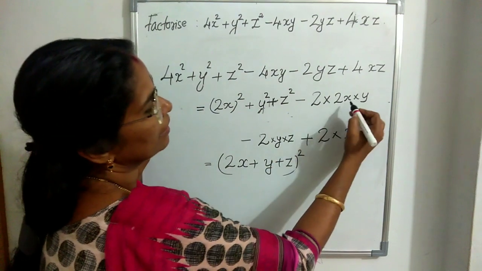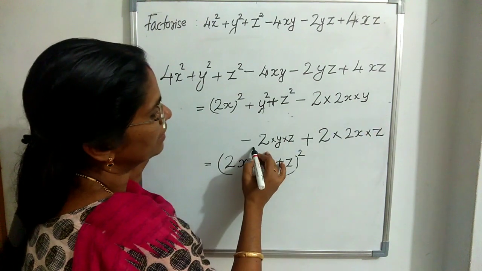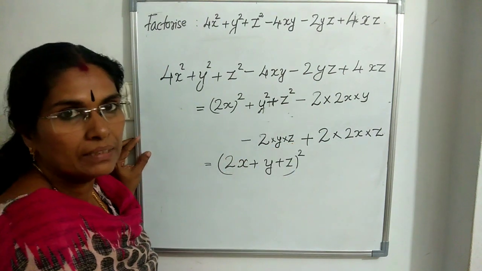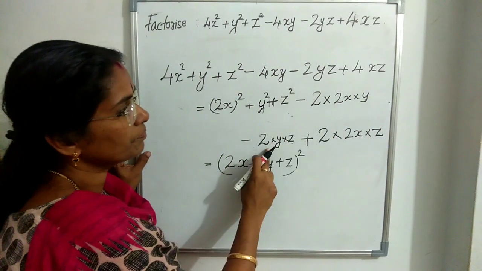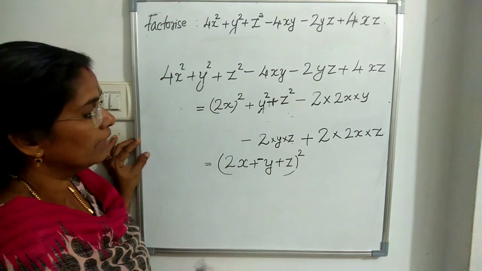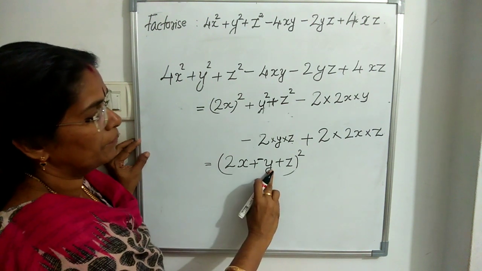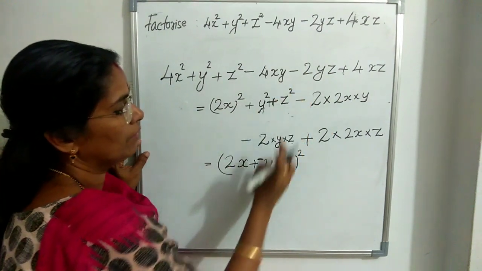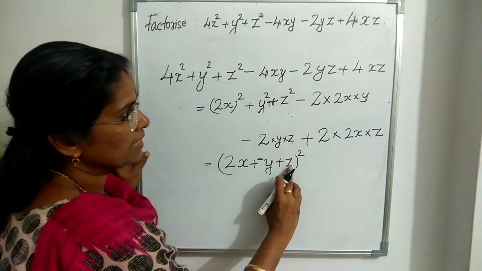Look here: minus 4xy and here minus 2yz. Which variable is common there? That variable should be negative. Which variable is common there? Y. So this term is the negative term. Now we can check it. 2x into y: this minus 2x into minus y is minus 2xy. Its double is minus 4xy. Now multiply these two, you will get minus yz into 2.